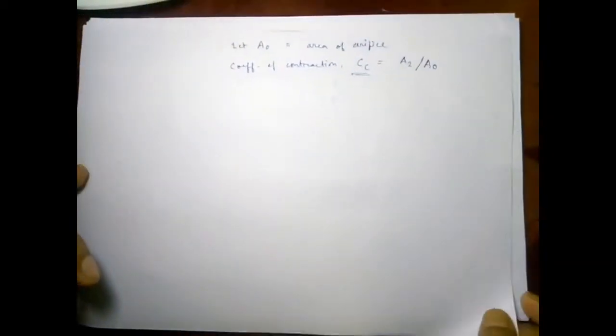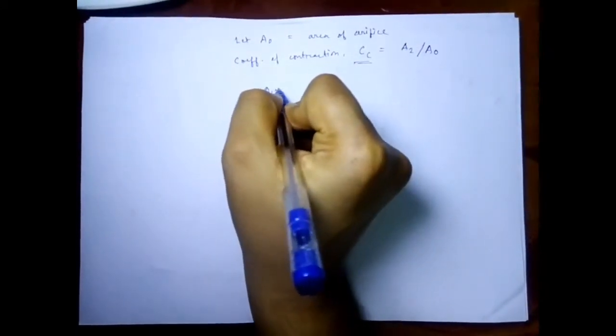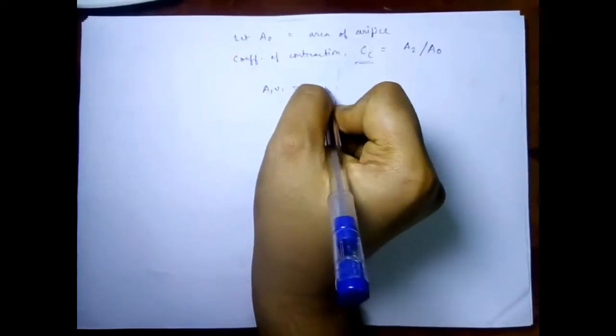Now by the continuity equation, A1 V1 is equal to A2 V2.